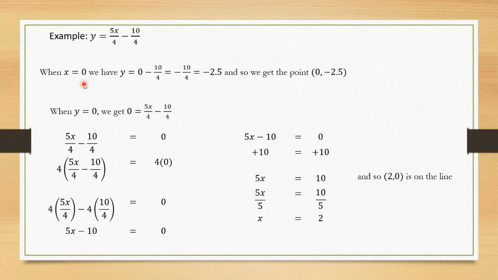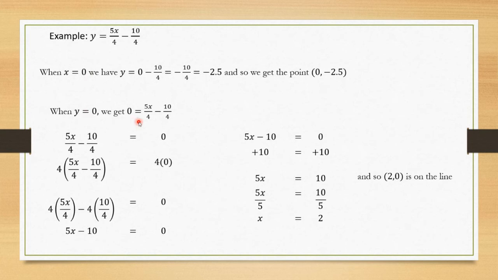But again, we want to get 2 points on the line. So we can take one variable to be a number, and then the other variable we solve for. So I chose x to be 0, and then we get y. From here, I now say, okay, let me set y to be 0.